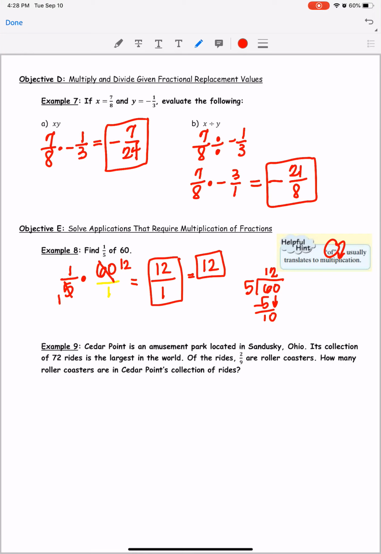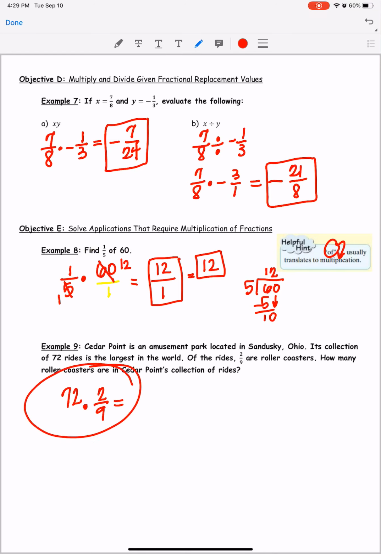So multiply. We have a total of 72. And so my portion of the rides is 2 over 9. So multiply and solve. So on this one we cross reduced.